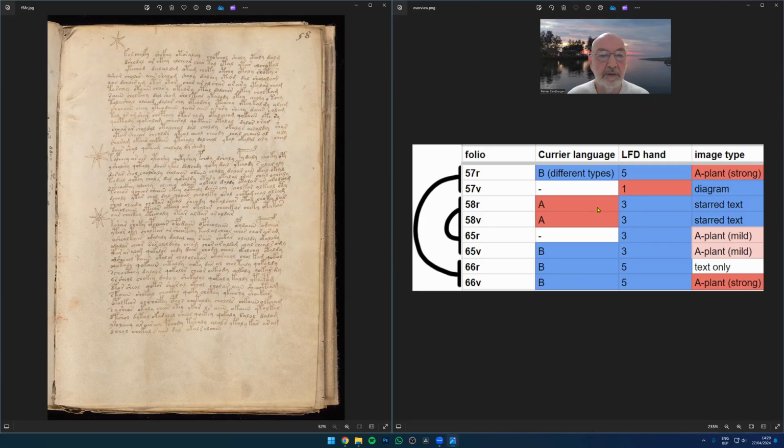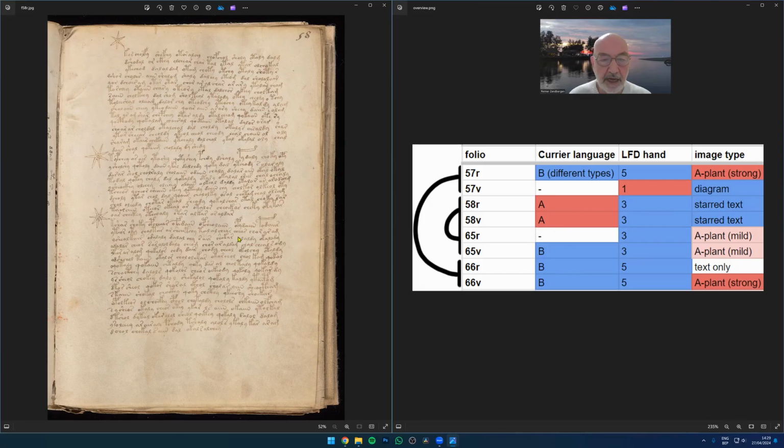What is also bizarre here is that Lisa identifies scribe 3 here, who is usually a B scribe, who is now apparently writing in A. Indeed. And star text is also usually in the B language. So the type of layout, the type of text we're seeing, and the hand all suggest that we would expect the B language, but we're getting A language.